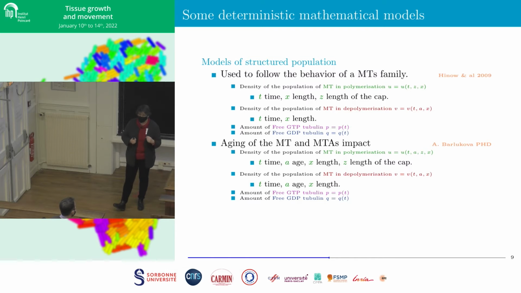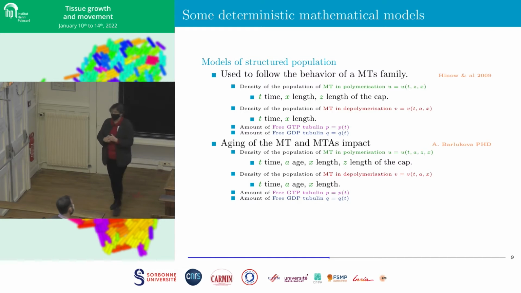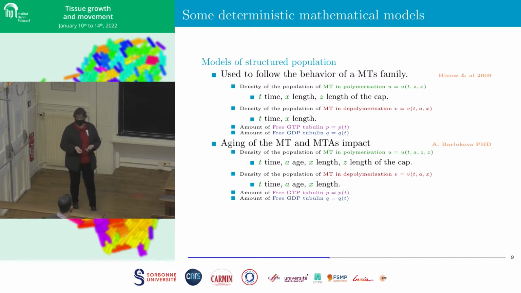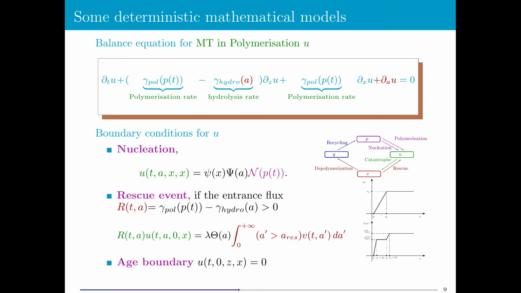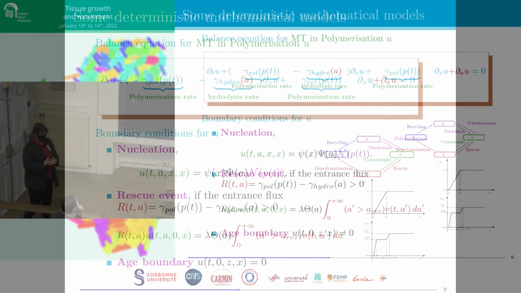For a microtubule in polymerization, the age is the time after the last rescue. For a microtubule in depolymerization, it is the time after the last catastrophe. So thanks to that, we adapt the model of Ino and al., and we can have a look at the type of equation.